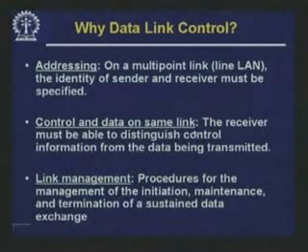Once again through the same medium. So control and data will flow on the same link. The receiver must be able to distinguish control information from the data being transmitted. Then we require some link management, procedures for the management of the initiation, maintenance and termination of a sustained data exchange. So these are the different functions of the data link layer.